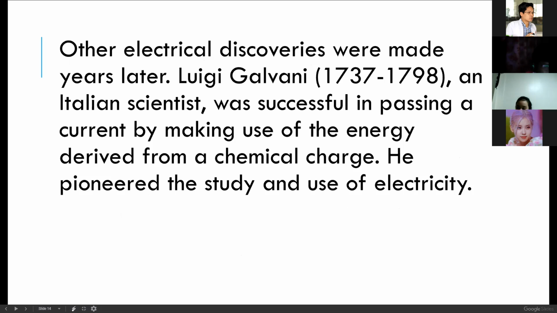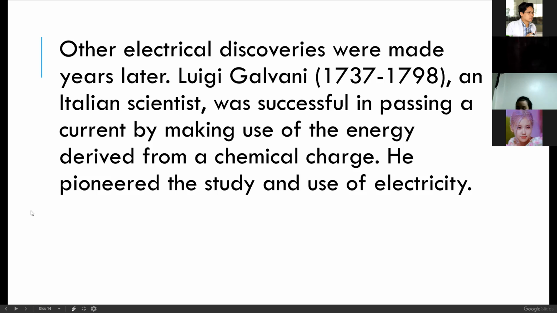Other electrical discoveries were made years later by Luigi Galvani, around 1737 to 1798, an Italian scientist who was successful in passing a current by making use of energy derived from a chemical charge. He pioneered the study and use of electricity.